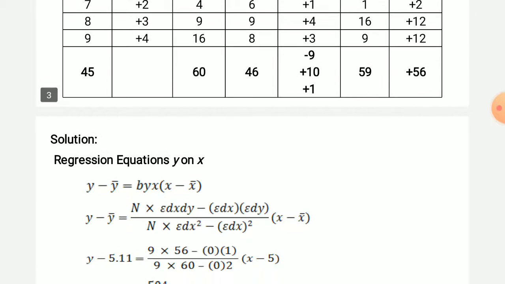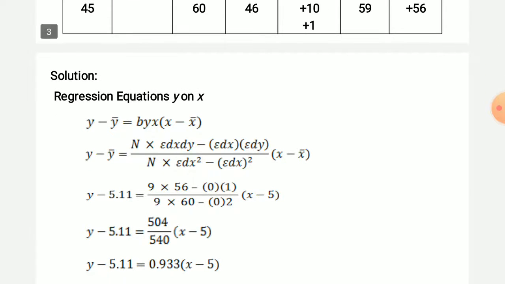Now apply the formula for regression equation y on x. So here y on x is to be found out. So a regression equation y on x is to be calculated by applying the formula y minus y bar is equal to byx into x minus x bar.